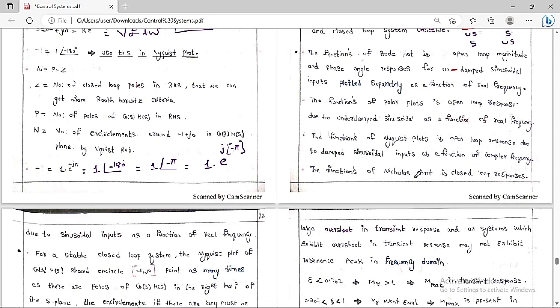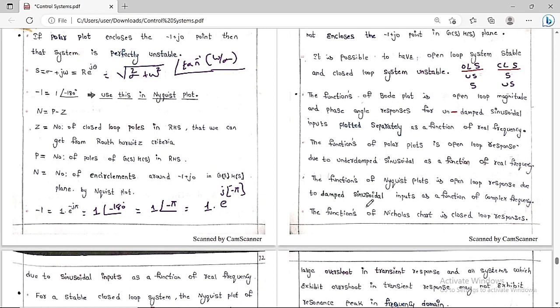So the function of the Nichols chart is closed loop responses due to sinusoidal inputs as a function of real frequency. This you always have to keep in your mind. Listen carefully: Bode, polar and Nyquist analyses are for open loop systems, whereas the Nichols chart is for closed loop systems.